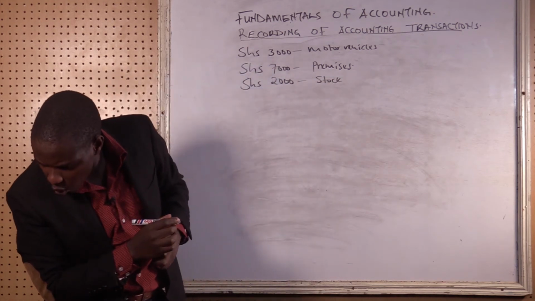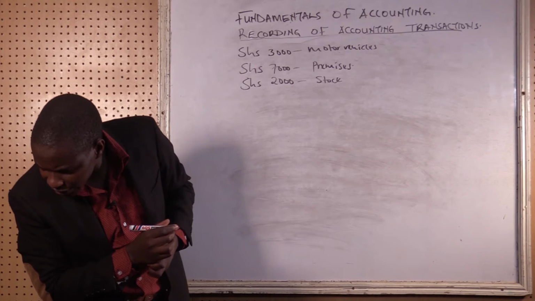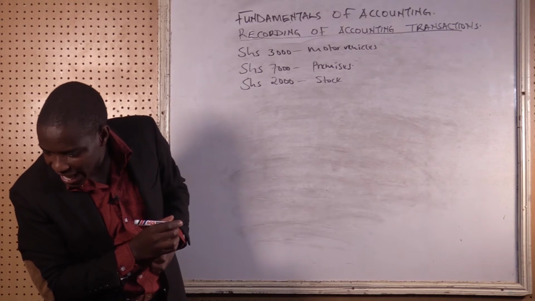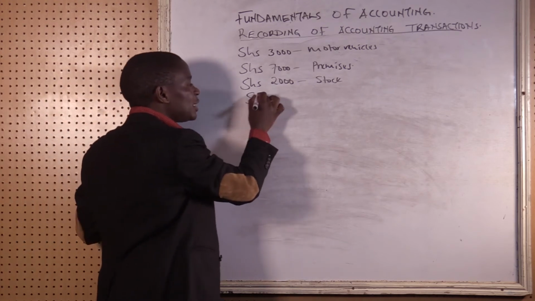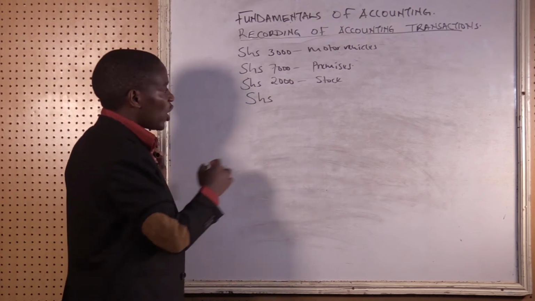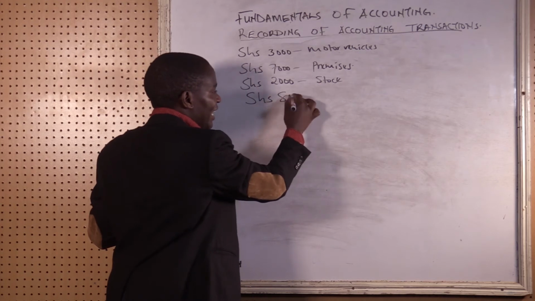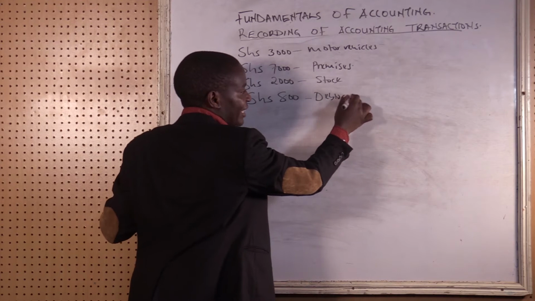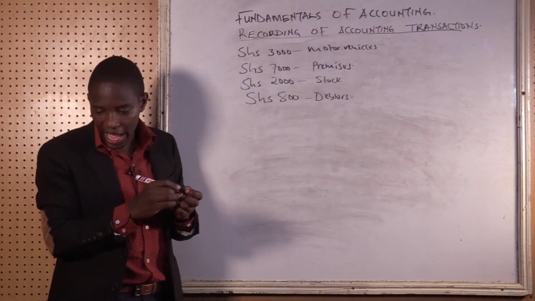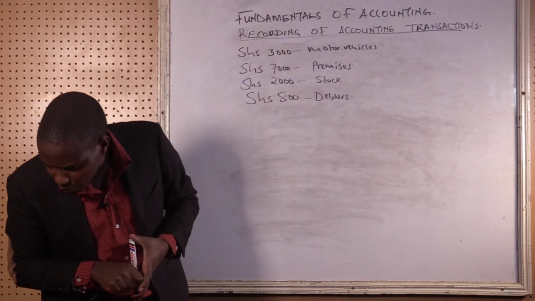He still owes shillings 800 in respect of them. In simple terms, he has a debt of shillings 800. We can call these the creditors that he has in respect of the stock that he had bought.